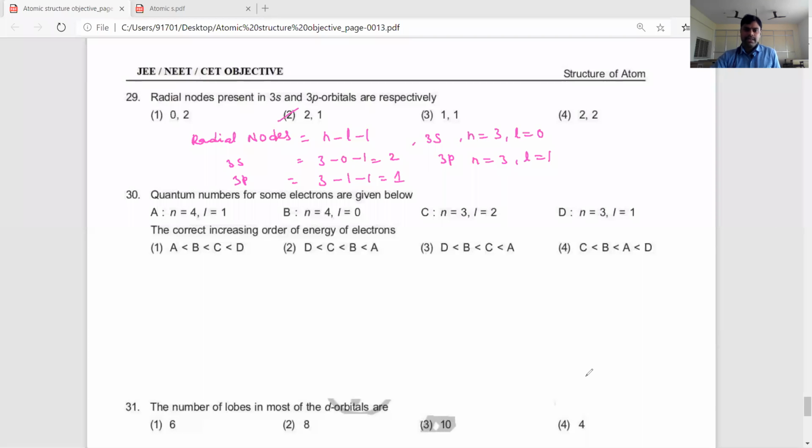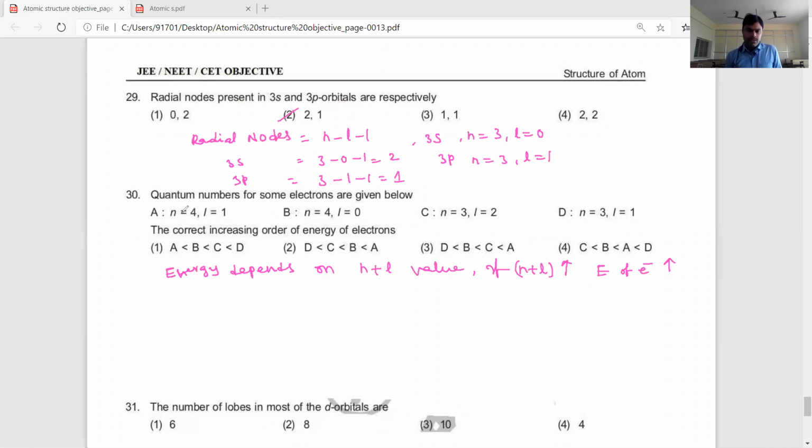Okay, let's see the 30th question. The quantum numbers for some electrons are given below. Find the correct increasing order of energy of electrons. Energy, as I just said, depends on n plus l value. If the n plus l value is more, the energy of the electron increases.